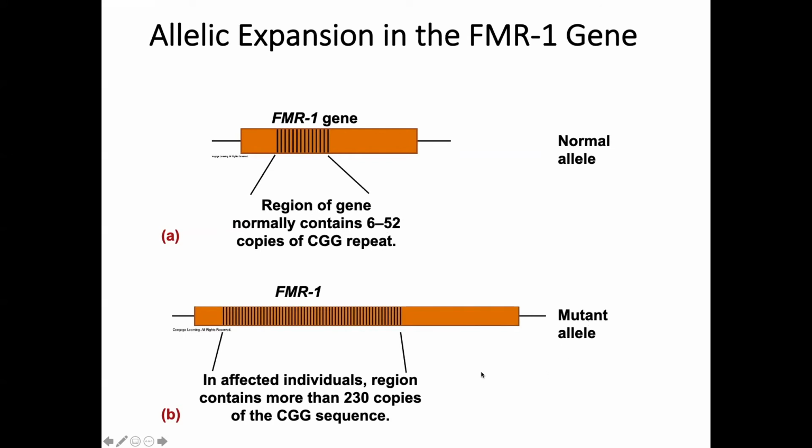You can see here, instead of only 6 to 52 repeats, this region now becomes expanded into 230 copies of the CGG trinucleotide repeats. So this type of mutation can cause the resulting protein to be non-functional or affect the function significantly. And this will cause the Fragile X syndrome disease.